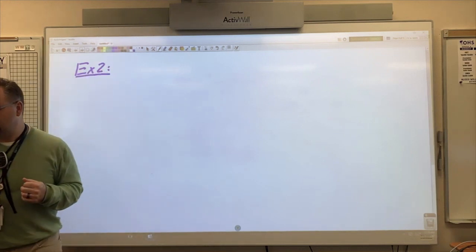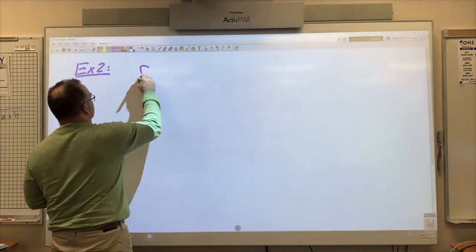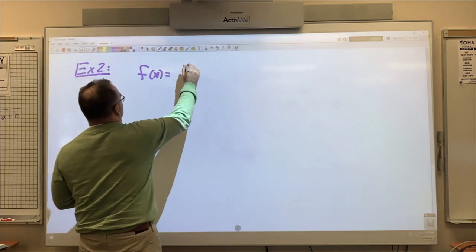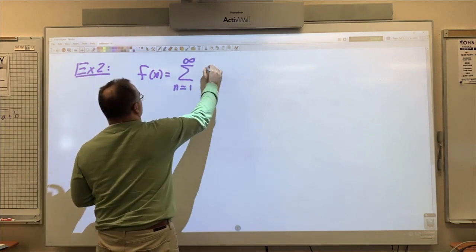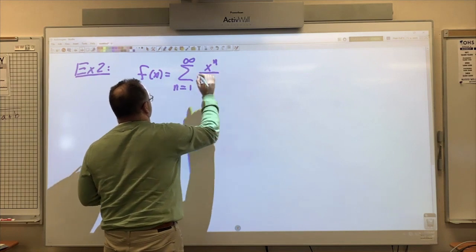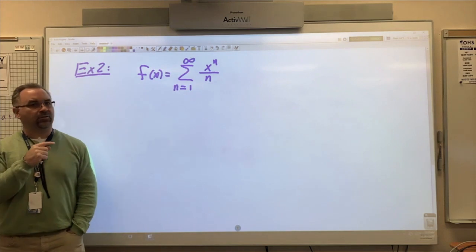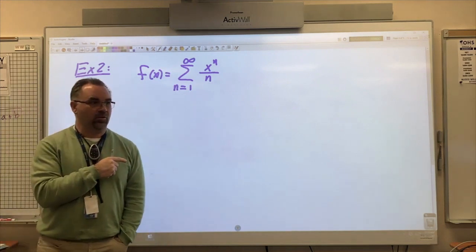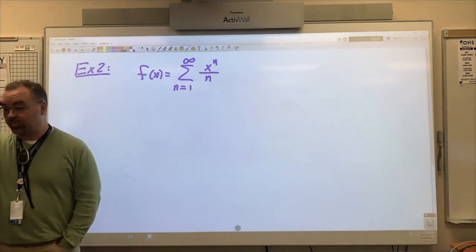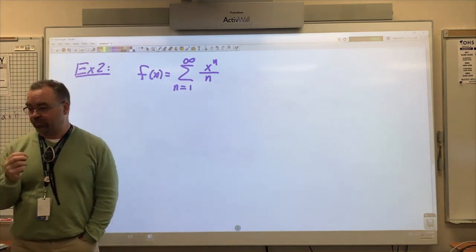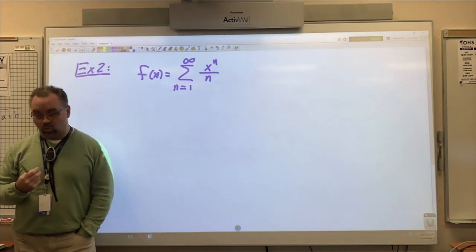Example number 2's series is x to the n over n. We actually have seen this one before. We looked at the convergence of this particular function before. We know that the radius of convergence for this was 1.